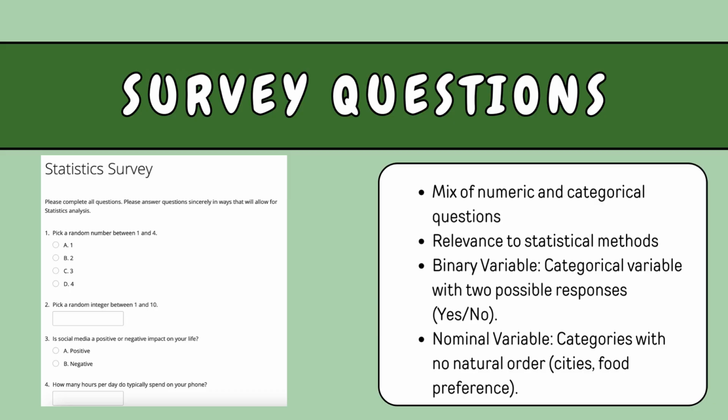For our survey questions, we were asked to pick 5 different questions. The ones that I chose specifically were: pick a number between 1 through 4, age, burritos or tacos, what city do you live in, and should college be free?